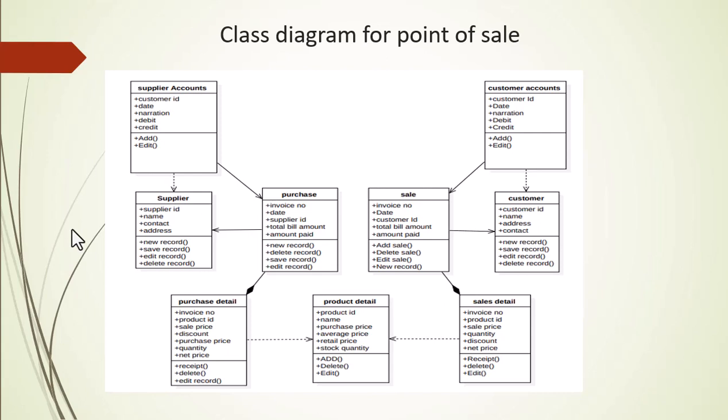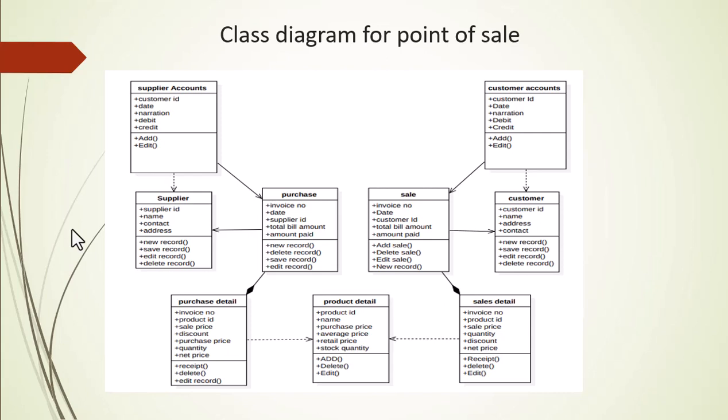So there definitely exist different cohesion and coupling types. Coupling can be shown here. There is a strong coupling between the sale and product, and similarly there is a strong coupling between the purchase and the product also. Different types of coupling can be applied here, like when we talk about data coupling.